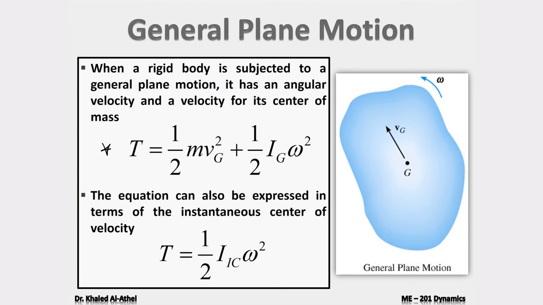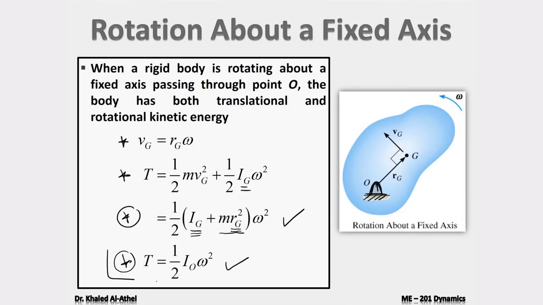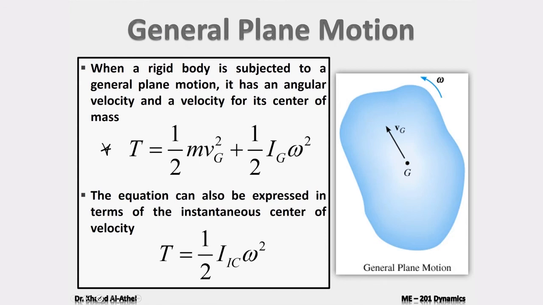Now, if you want to reduce this to something similar to this expression, I'm saying this just for the sake of discussion, but this is something that we usually do not practice. If it arises in a certain problem where you want to reduce it to this format, then as you remember from the instantaneous center of zero velocity when you discussed the kinematics of a rigid body, the instantaneous center of zero velocity represents a fictitious center of rotation for the object in a general plane motion.